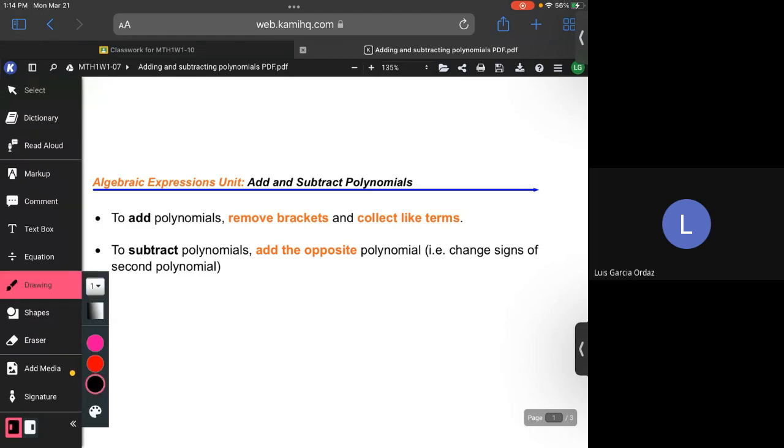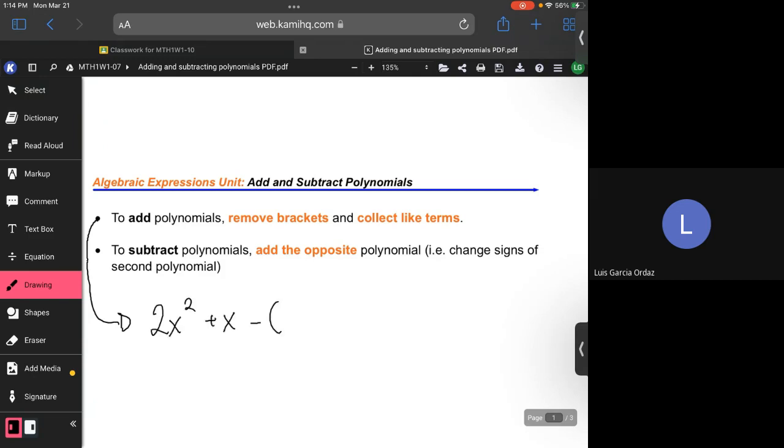What this first rule means is that I'm going to have my questions written like this. Let's say I have 2x squared plus x minus (3x minus 2). When I have a negative outside of my bracket and I want to remove my bracket, what do you think is going to happen to all the signs on the inside of that bracket?